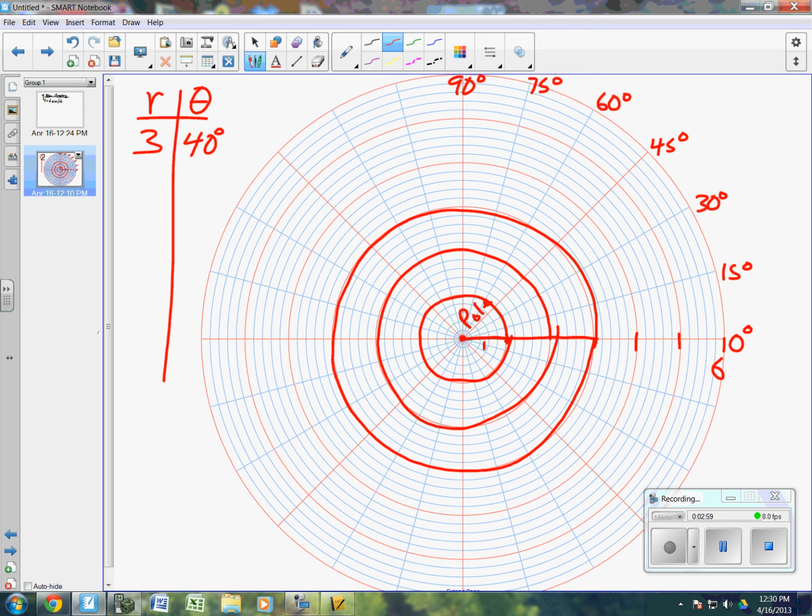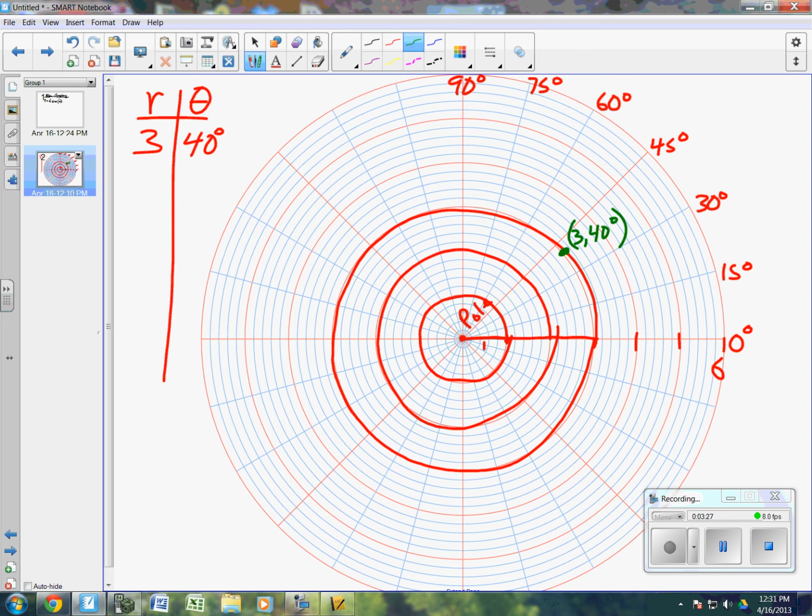Go find it on your piece of paper and mark the point. On mine, 40 degrees is about right here somewhere, and that's 3. So that's 3, 40 degrees for me.